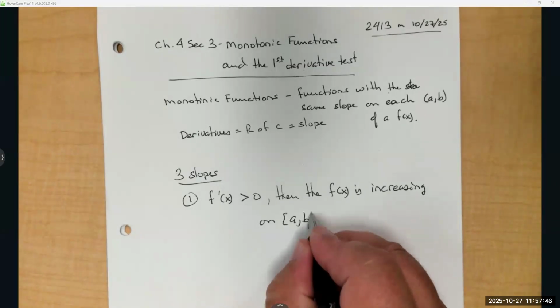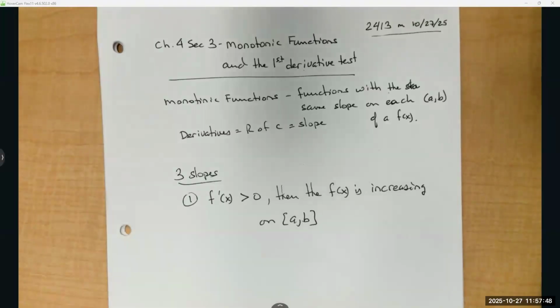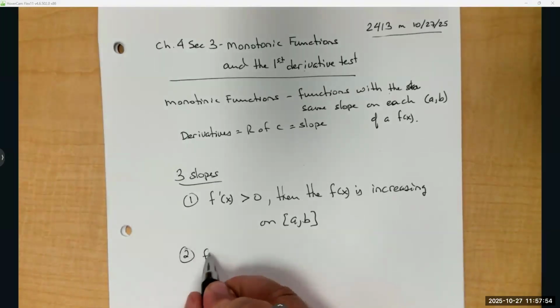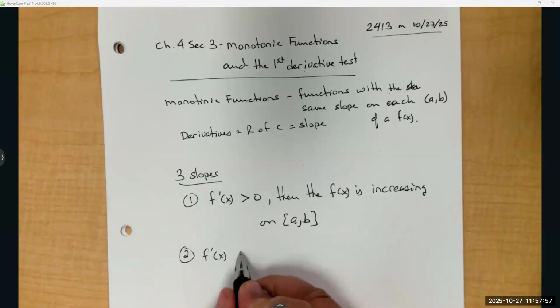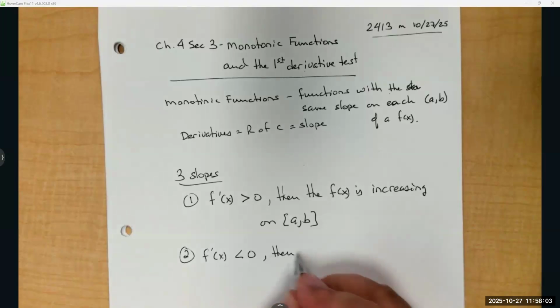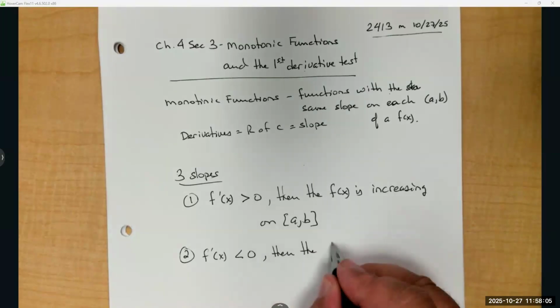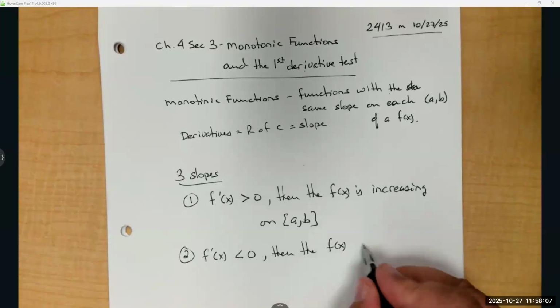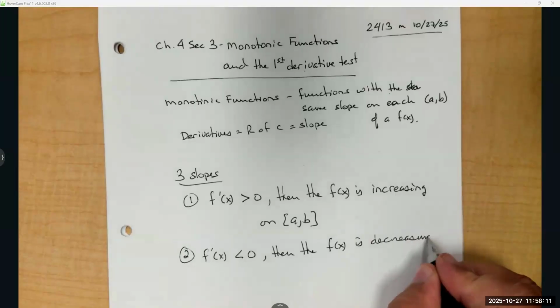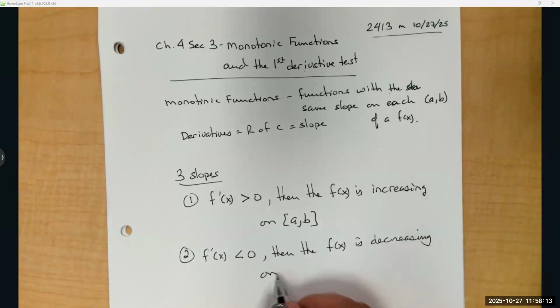On the interval, starting from the endpoints. If the derivative is negative, that means the slope is negative. What is it doing then? The function is decreasing on the closed interval.